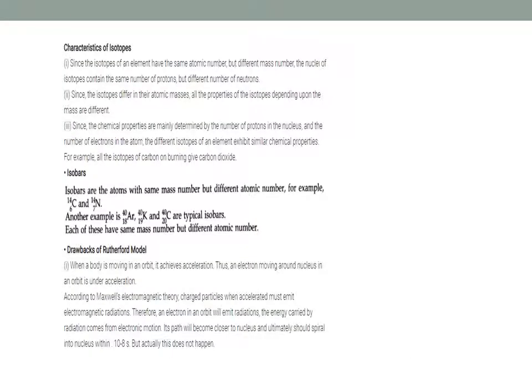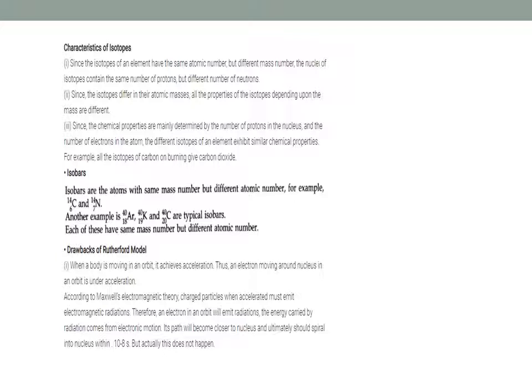Characteristics of isotopes. Since the isotopes of an element have the same atomic number but different mass number, the nuclei of isotopes contain the same number of protons but different number of neutrons. Since the isotopes differ in their atomic masses, all the properties of the isotopes that depend upon the mass are different.